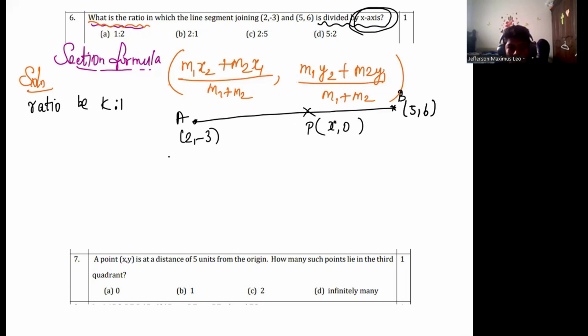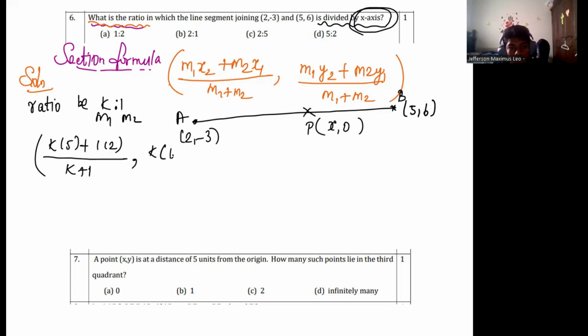Say this is (x1, y1), (x2, y2). So we go to the section formula. This is m1, m2. m1 times x2, m2 times x1, that is k times 5 plus 1 times 2, divided by m1 plus m2, which is k plus 1.